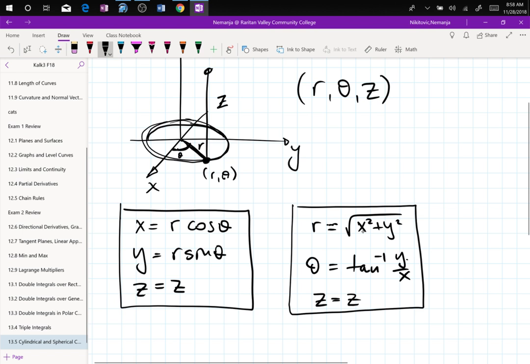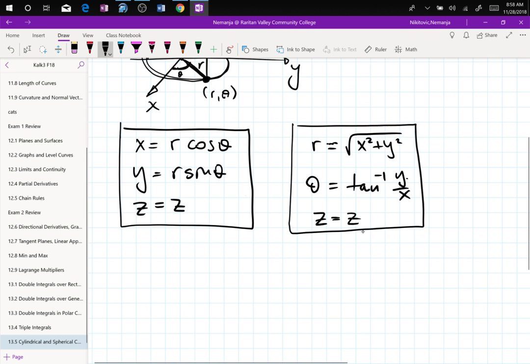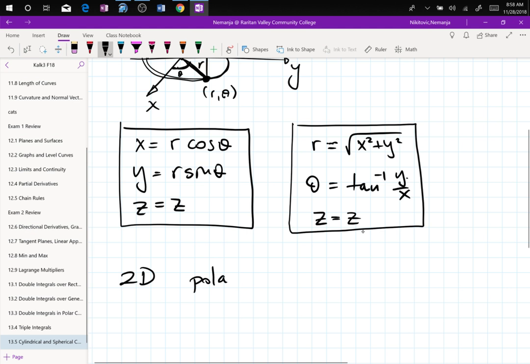Now, talking about cylindrical coordinates, we have to be very careful, because you have to know if we are talking about cylindrical or polar. Clearly, cylindrical is 3D. Polar is 2D. Equations are going to look the same, and they are going to mean completely different things. So if I have a 2D polar equation, r equals 3, this is a circle, right?